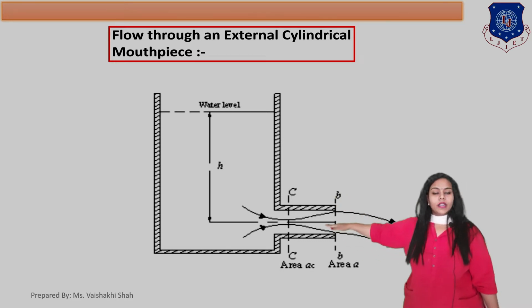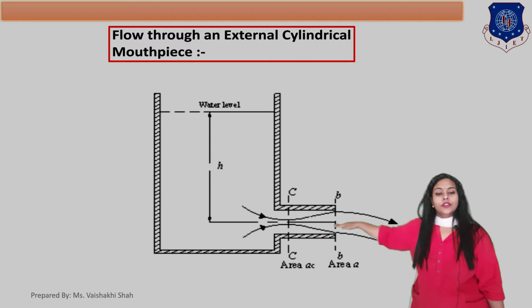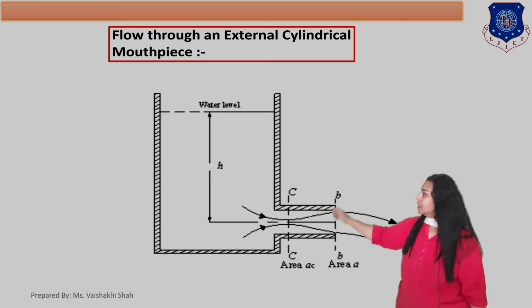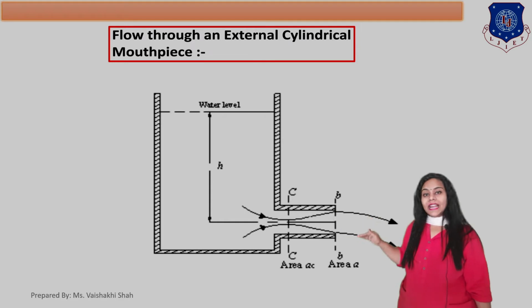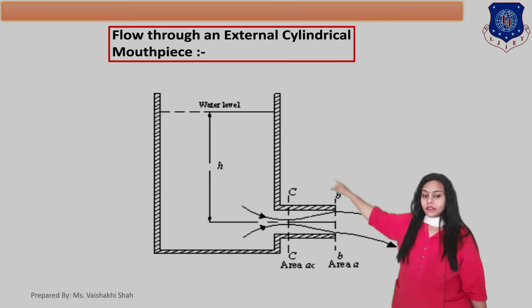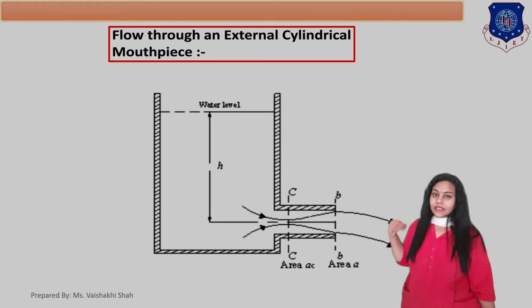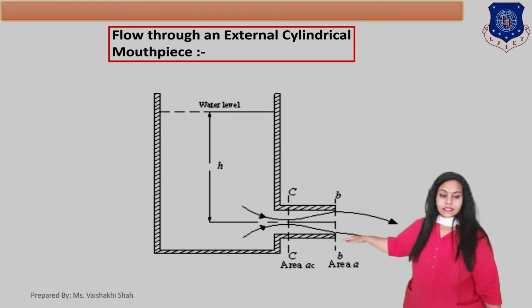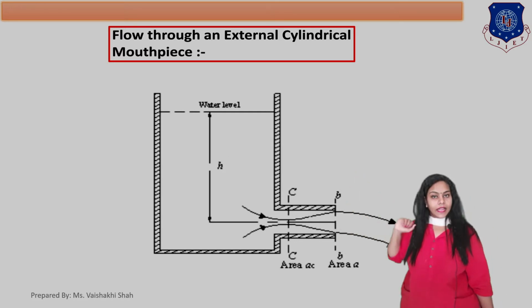Now if you take this line as the center of the pipe, the center of the mouthpiece, then the height between the center and the water level in the tank, we indicate as small h. You can clearly see the height between the center of the pipe to the free surface is small h.